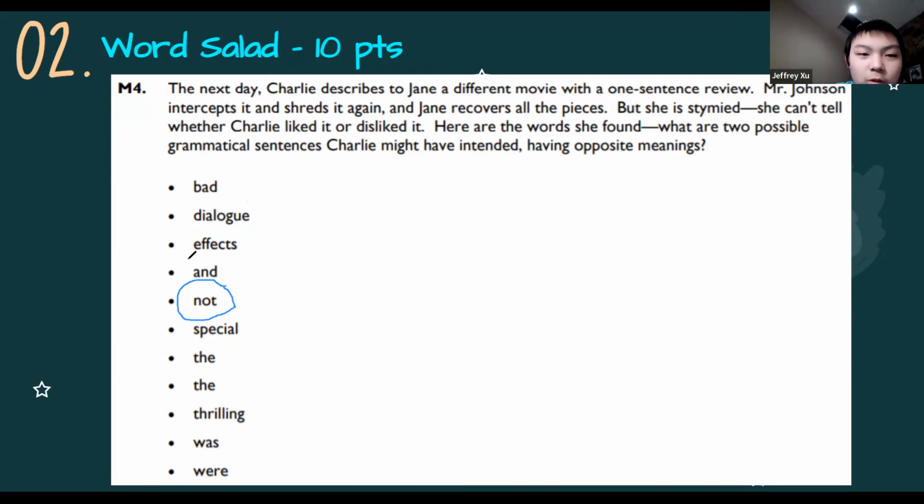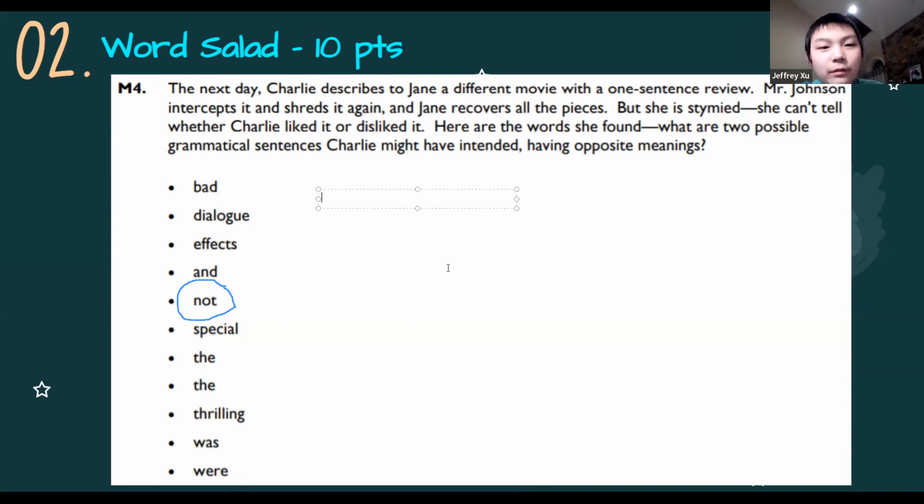So if we just do some work here, then these two "the"s have to be paired up with either the dialogue or the special effects, and then you're either using "bad" or "thrilling" to describe it.